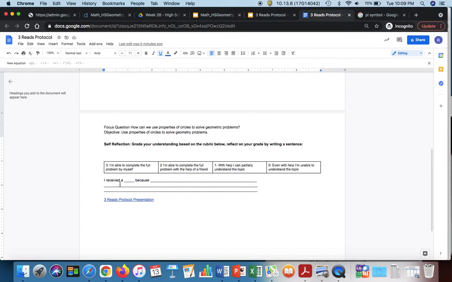So it's not similar to a Regents rubric, right? We're giving a student a perfect score if they're able to do the problem by themselves, a 2 out of 3 if they're able to complete the problem with the help of a friend, a 1 out of 3 if they can partially understand the topic with help, and then a 0 even with help if they're unable to understand the topic. And then let them self-reflect.